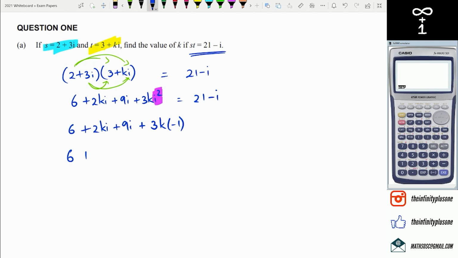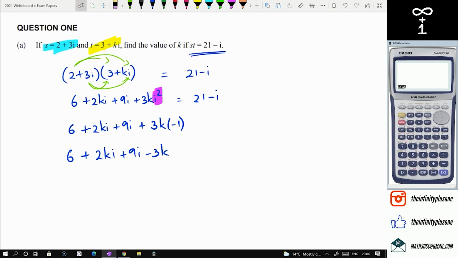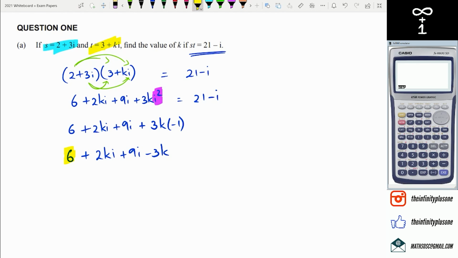So we've got 6 plus 2ki plus 9i minus 3k. Putting my real values together, the 6 and minus 3k, I get 6 minus 3k. And for my imaginary values, I take the i out and leave the terms inside, so I get (2k plus 9)i.